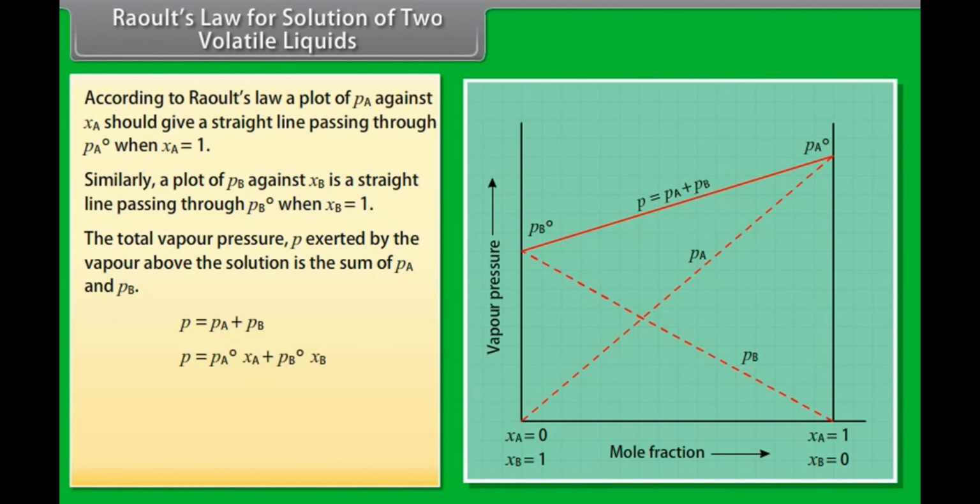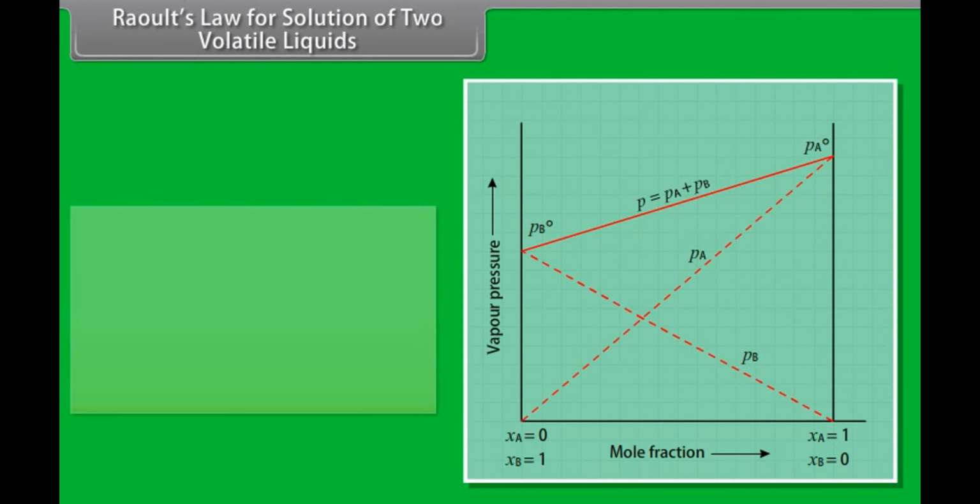By putting XA = 1 − XB, we get the relation P = (PB° − PA°) × XB + PA°.